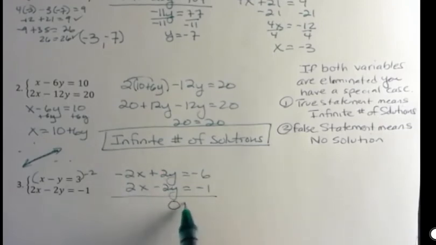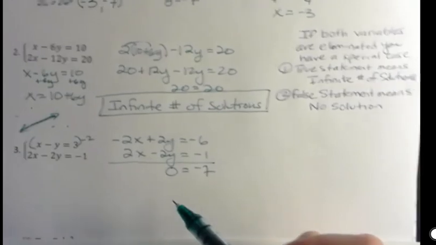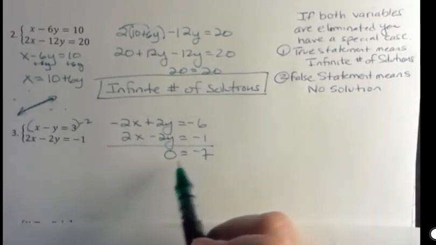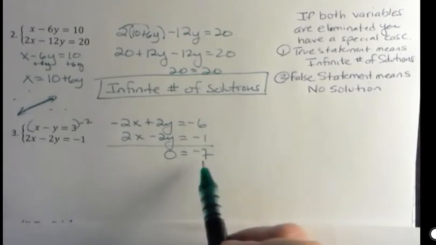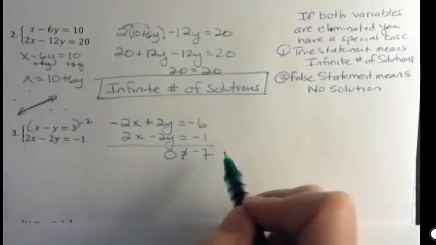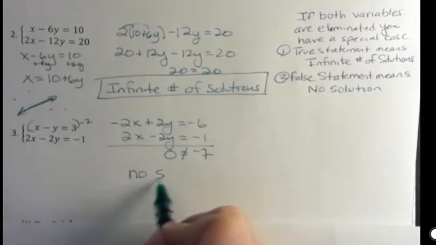They cancel out because they're both additive inverses, and I get -7. So now I say, whoa, both of my variables have been eliminated. What does that mean for my answer? Well, you have to look to see, were you left with something that was true or something that was false? This is false. False statement means no solution. So this is no solution.